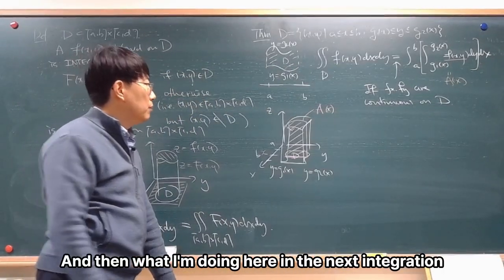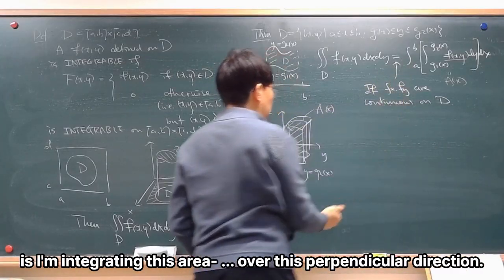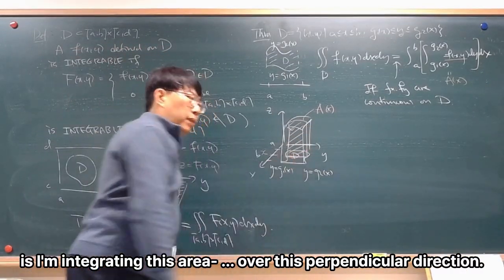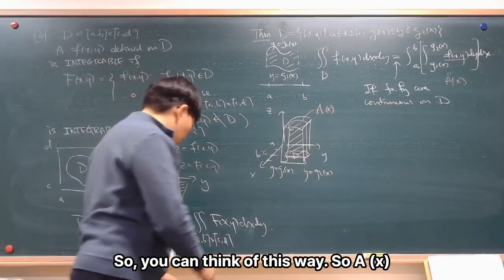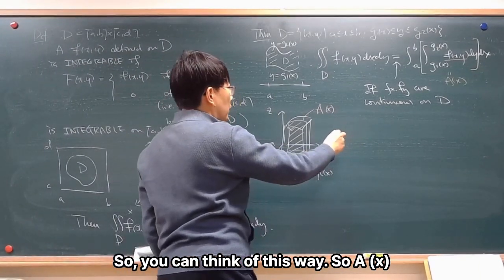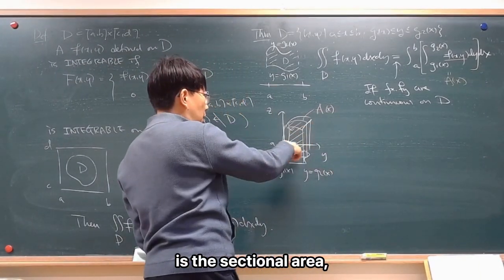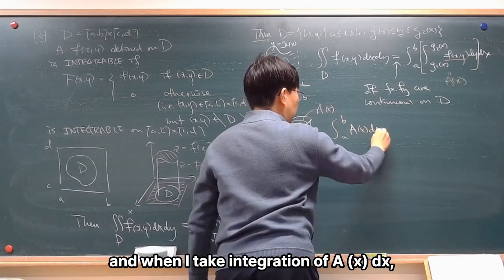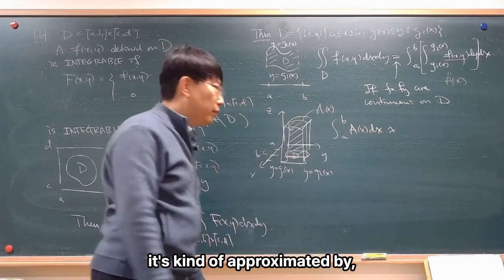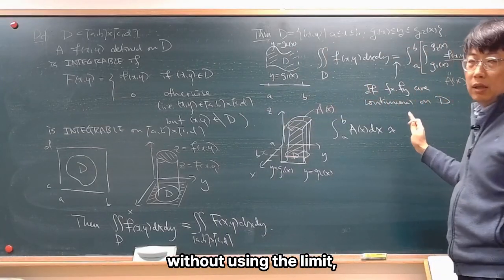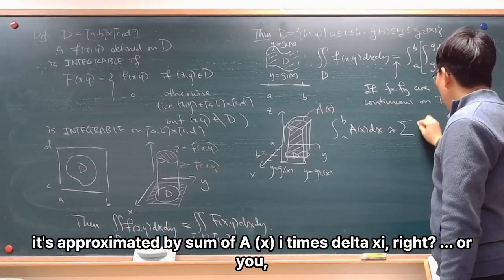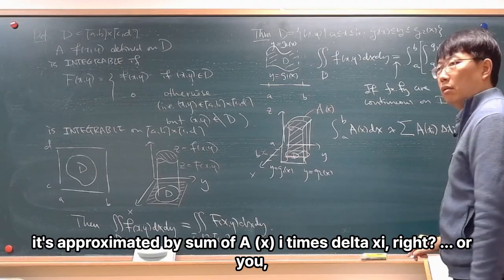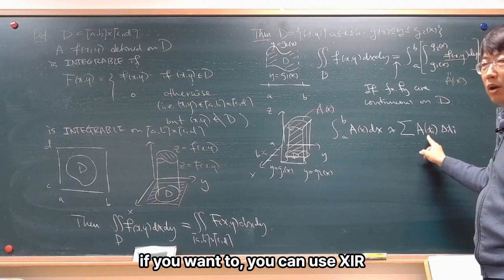Then what I'm doing in the next integration is integrating this area over the perpendicular direction. So you can think of it this way. A(x) is the sectional area, and when I take the integration of A(x) dx, without using the limit, it's approximated by the sum of A(xi) times delta xi, or you can use xi star if you want.